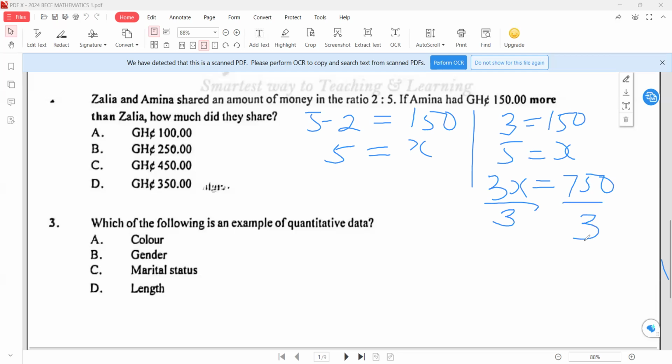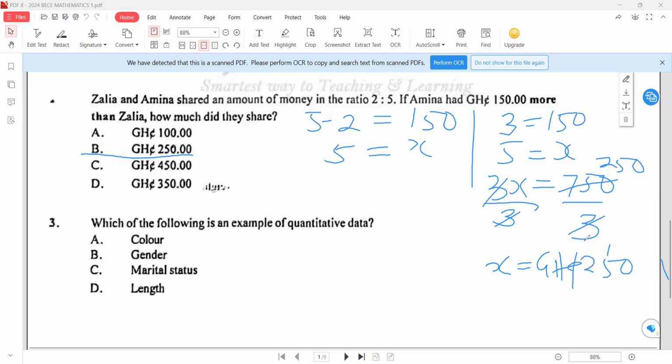Divide through by 3. 3 into 750 should be 250. So we can say that they shared 250 cedis.